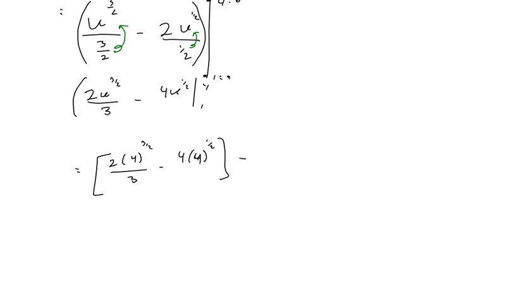It's this thing evaluated from 1 to 4. And then I minus the plugging in the 1. 2 times 1 to the 3 halves over 3 minus 4 times 1 to the 1 half.